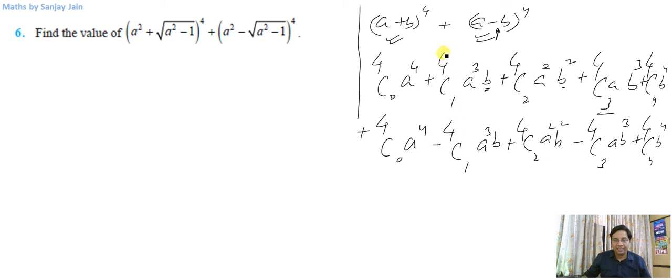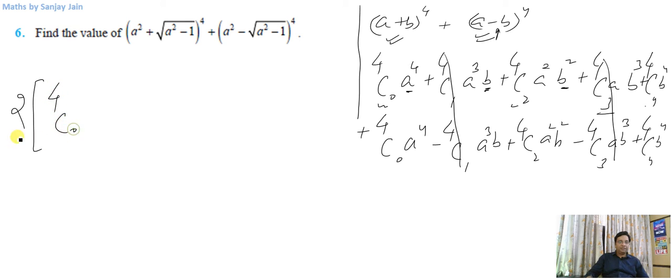If I add these, these terms will get cancelled, and I'll be left with twice the terms having even powers of b, or these terms with 4C0, 4C2 and 4C4, right? So what will be those terms? 4C0, I've written 2 outside because I'll add these. So every term that I write will be with a plus sign.